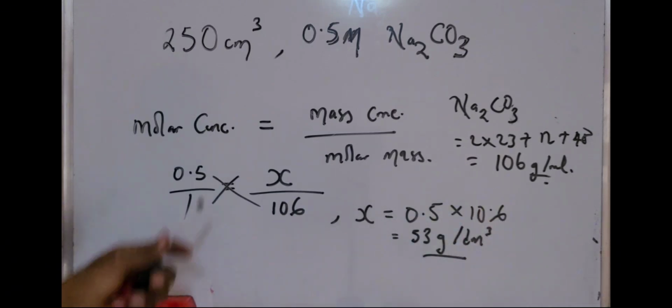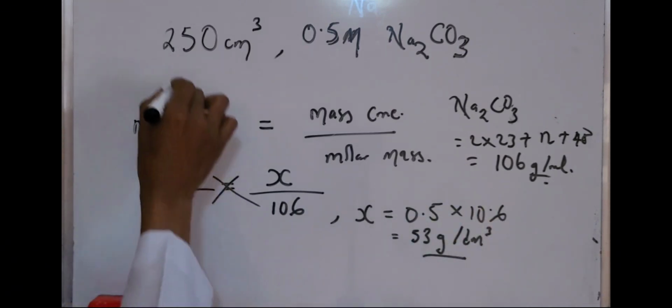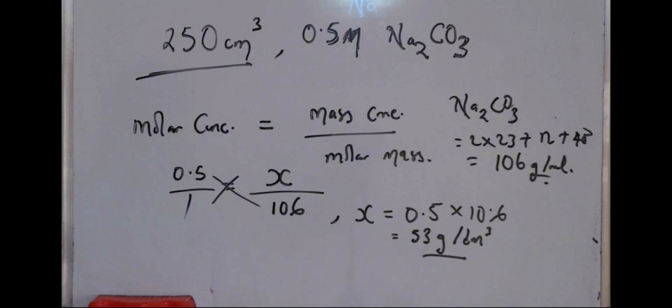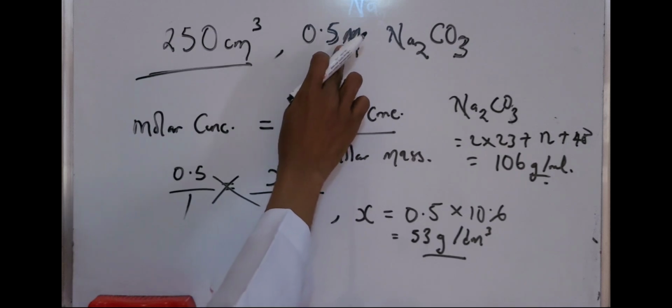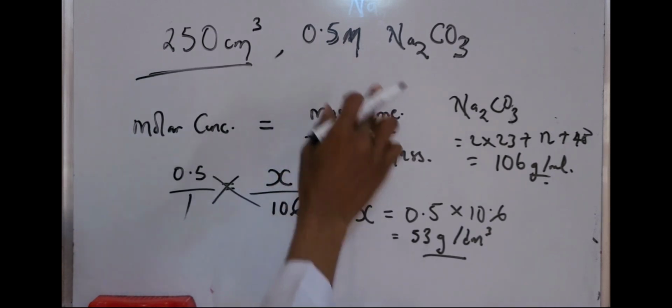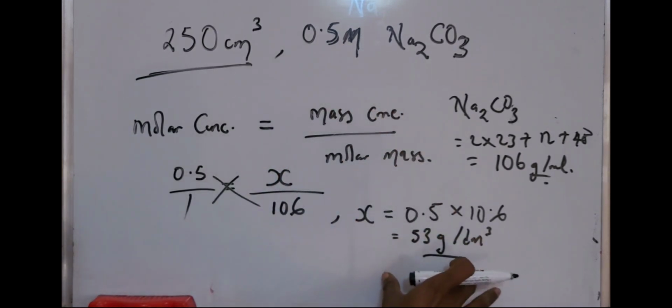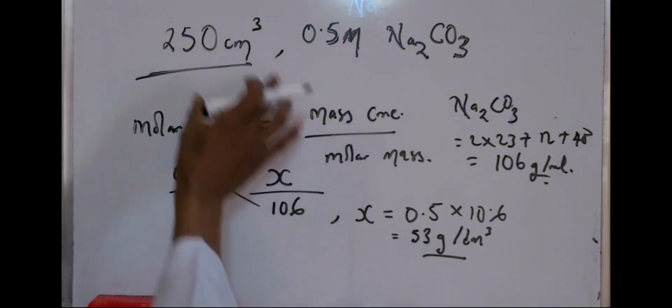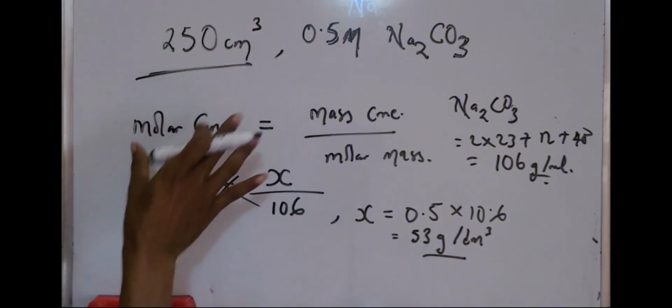But the question is, we want to prepare it in 250. This is our aim. But we have to do this first. All right? We have to obey that this is molar and that is mole per dm cube. So we have to go through mole per dm cube, that is 1 dm cube, before we convert to any volume that is being given.